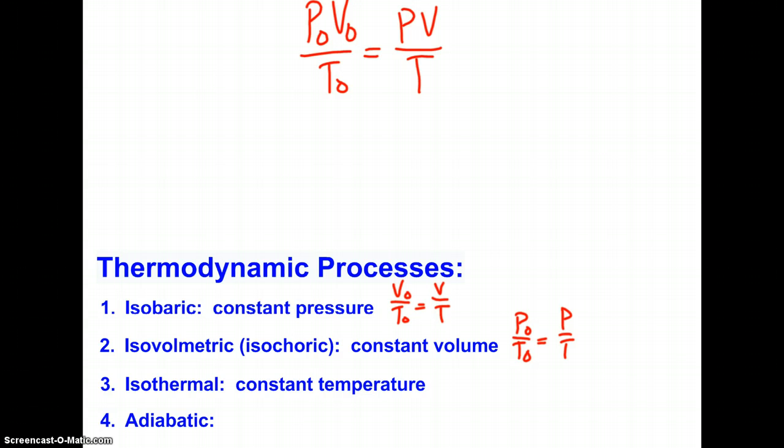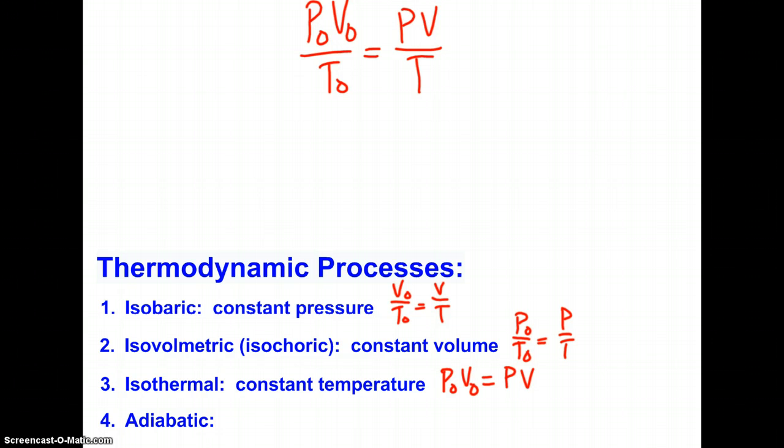The T on both sides cancels, and so you get P0 V0 equals P times V. No temperature in the equation since it cancels.